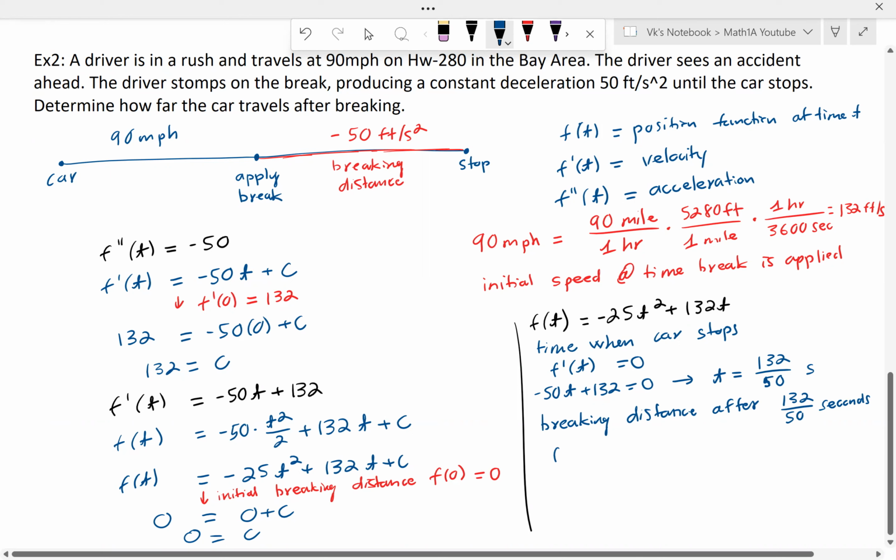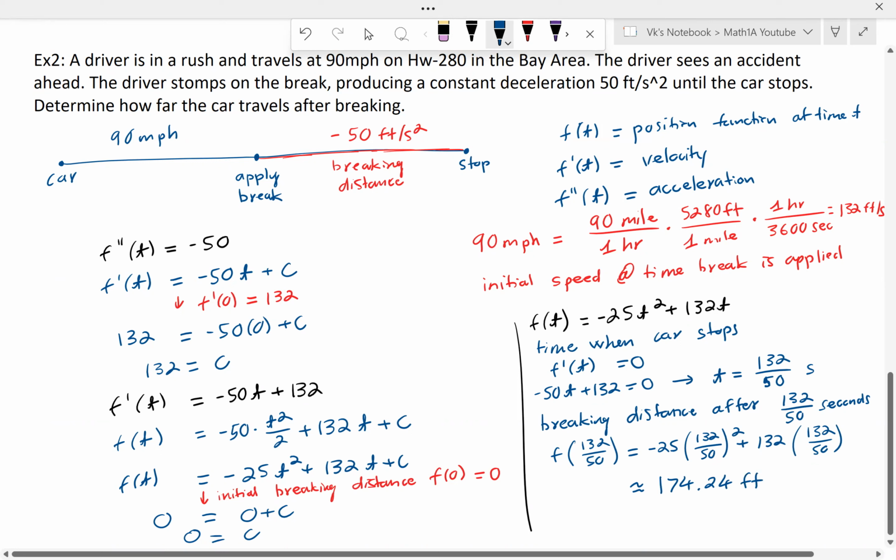That would be f of 132 over 50, which is negative 25 times 132 over 50 squared plus 132 times 132 over 50, which is approximately 174.24 feet.